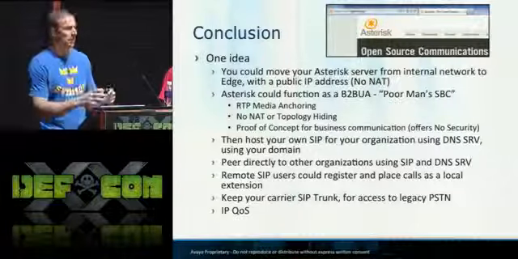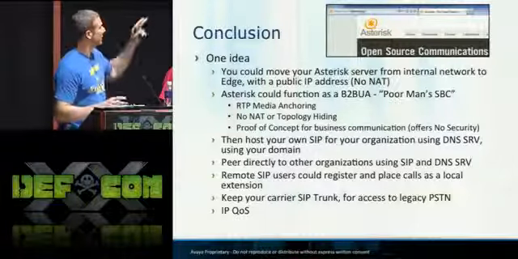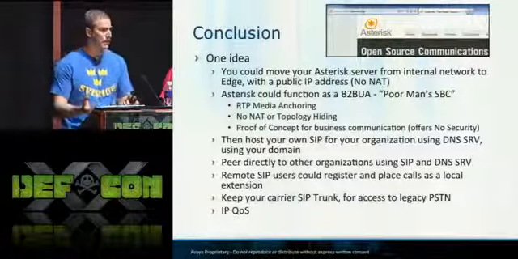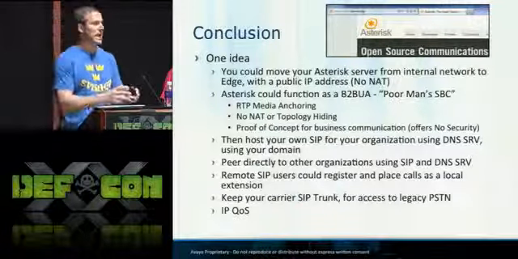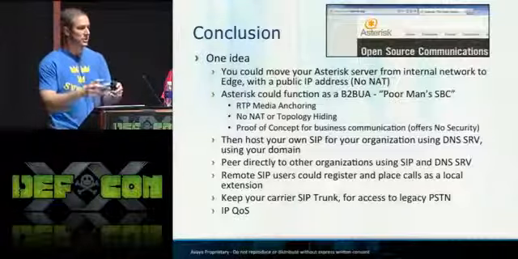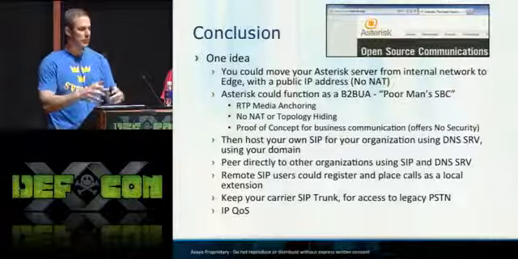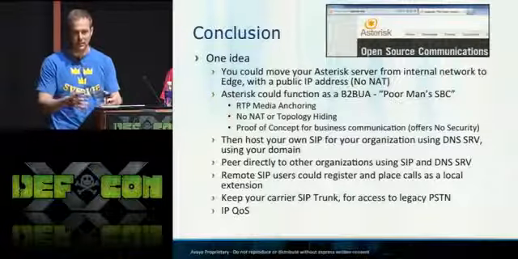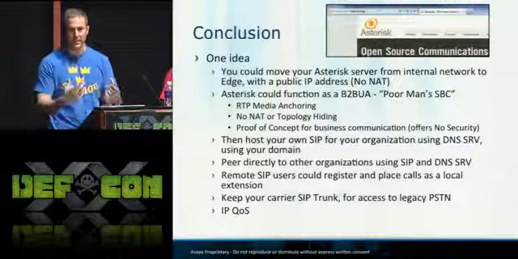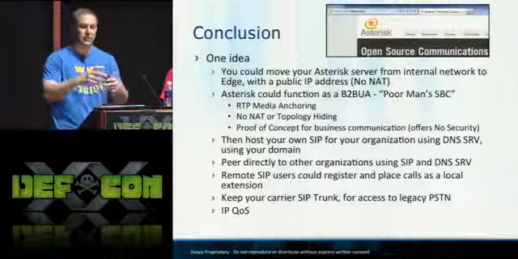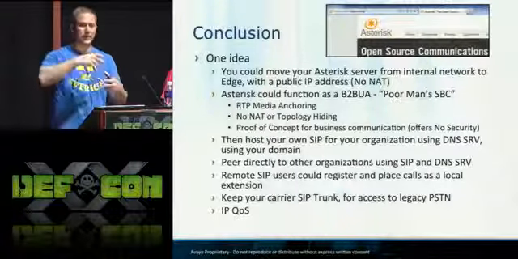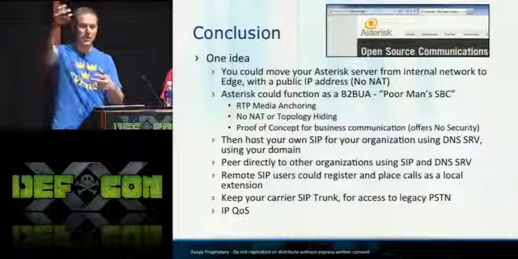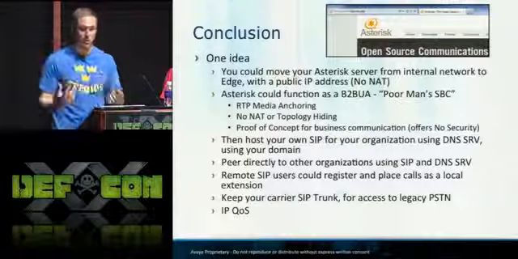A lot of people use Asterisk, a popular vendor. It's an open source IP PBX, and that's the way it's advertised. But in reality, we kind of changed this when we started looking at our research. A lot of companies keep the Asterisk PBX on the internal network because they use it for voicemail and get all the advantages of UC. But if you take that Asterisk server, put a public IP address on it, and move it to the edge of your network, it can do what's called RTP media anchoring.